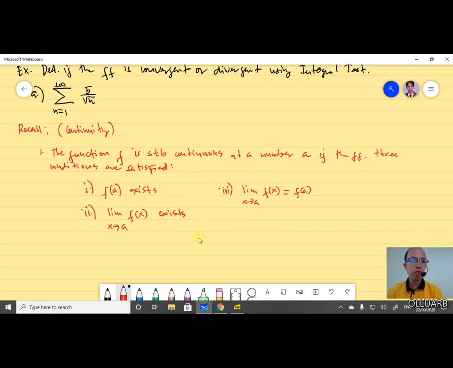We can extend this definition to an interval. If for all values of the interval the function is continuous, then the function is continuous at all points in the interval. That's what the definition of continuity of a function on a given interval says.